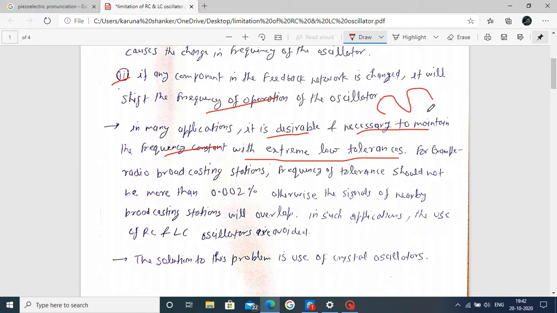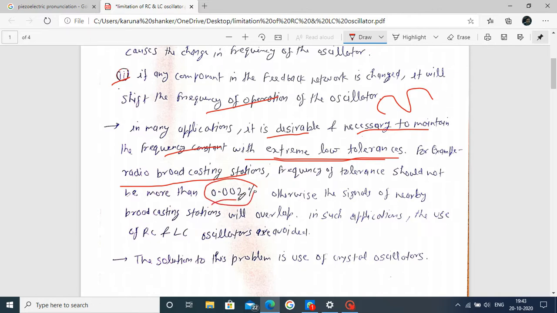If it is not constant and some variation comes, that's why extremely low tolerance is required. For example, in a radio broadcasting station, the variation of the frequency of oscillation must not be more than 0.002%.